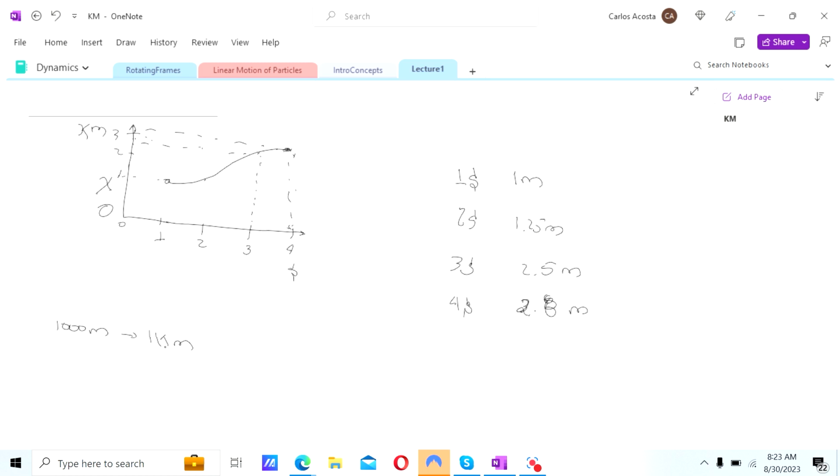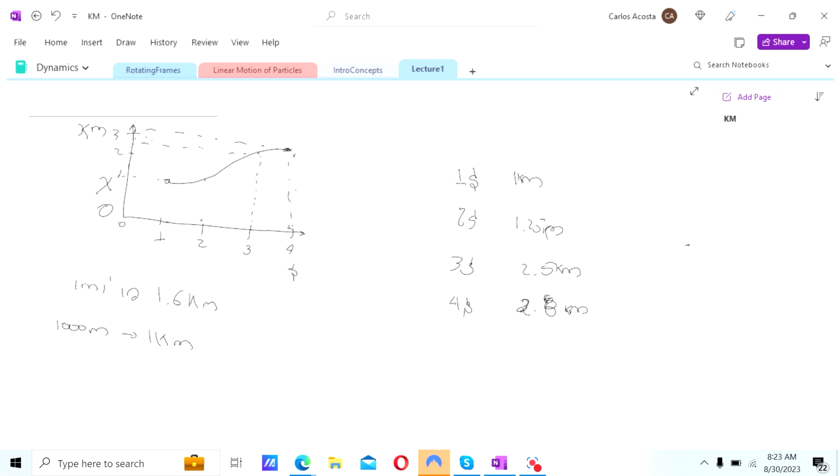And you know how many miles that is because 1 mile is 1.6 kilometers. So this is 1K, okay, 2.8 kilometers. It's quite a lot actually. So it's a lot of distance.